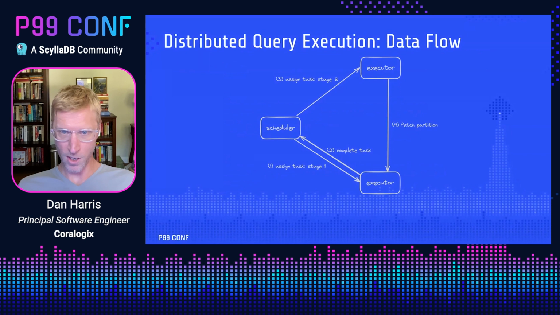Once those are finished, then it can schedule stage 2 on a different executor. And when it does that, it can tell that executor where to grab its input partitions from all its child stages. So when this stage 2 task runs, the first thing it's going to do is go fetch its inputs from the other executors that executed the stage 1 tasks.